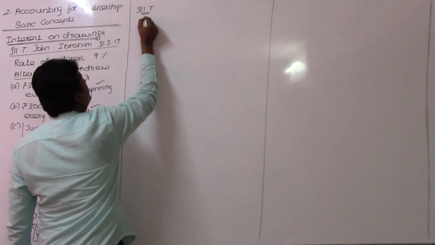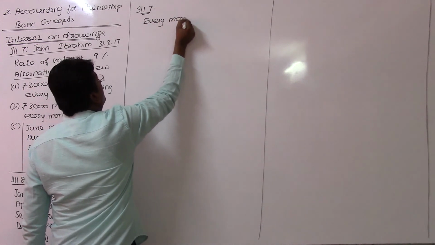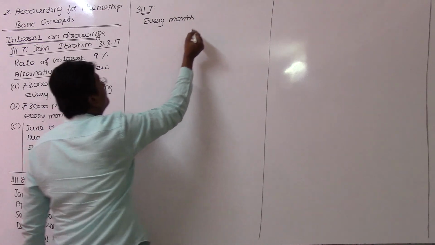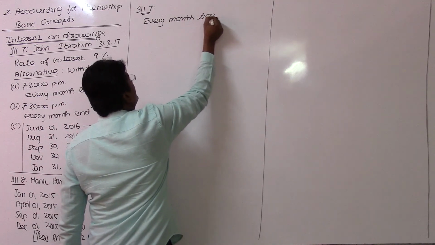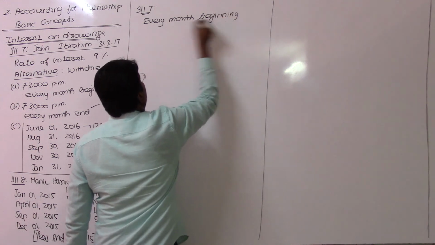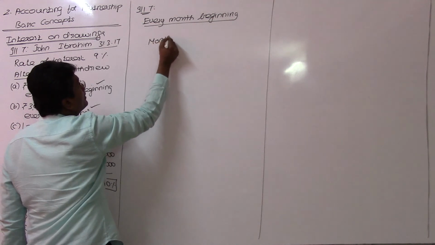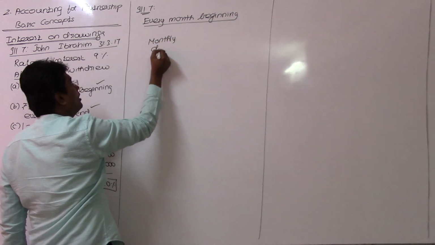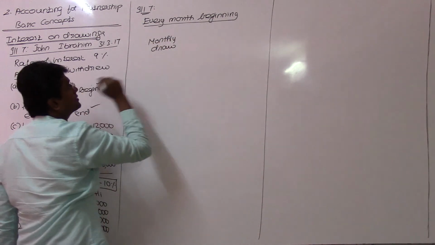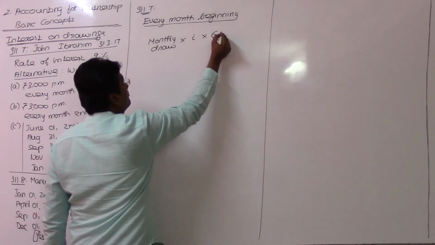every month beginning. If he draws an equal number every month beginning, there is a formula here. Monthly drawings or total drawings. I will follow the monthly drawings format with the rate of interest into a constant number 6.5.